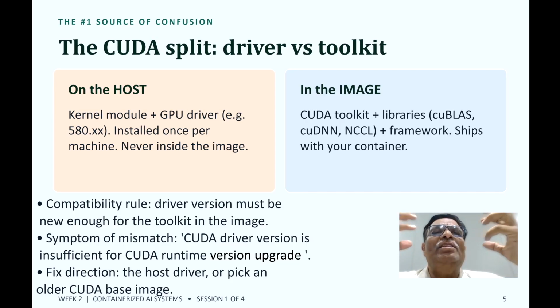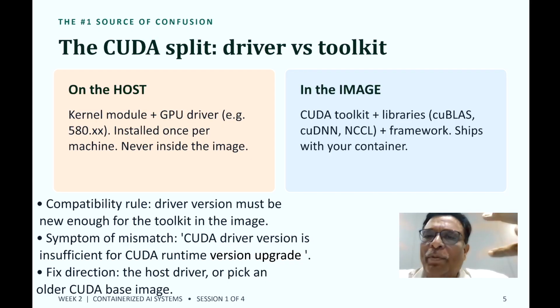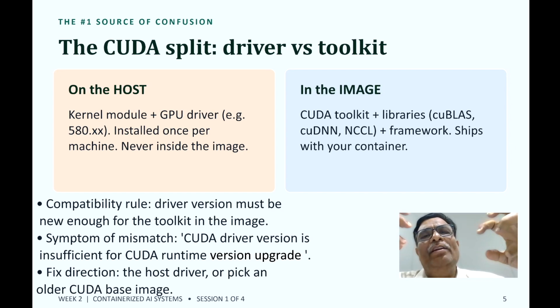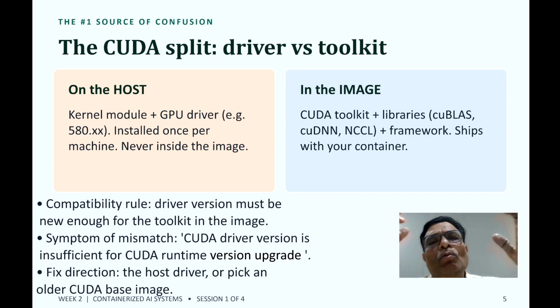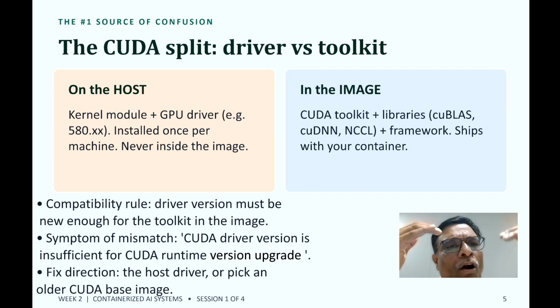Okay, so now let us try to understand the CUDA split, the driver versus the toolkit confusion. A lot of people, when they start working with GPUs, have a confusion between the driver and the toolkit. On the host, let us say we have the kernel module plus the GPU driver, for example 580.xx. It's installed once per machine. It is never inside the image.